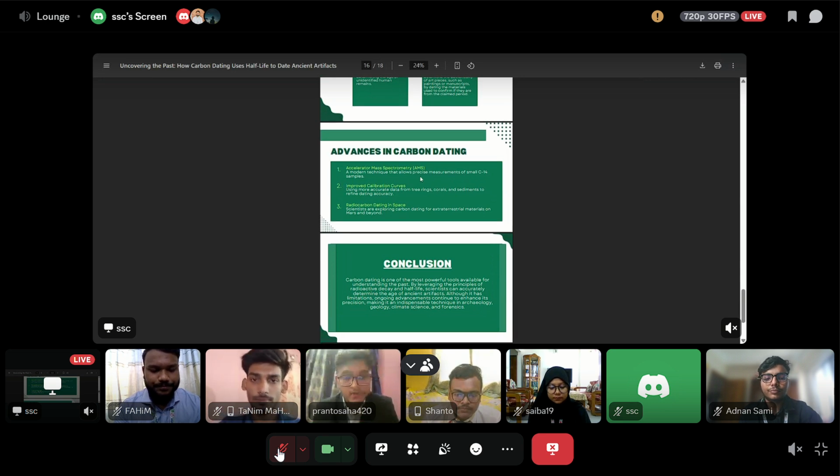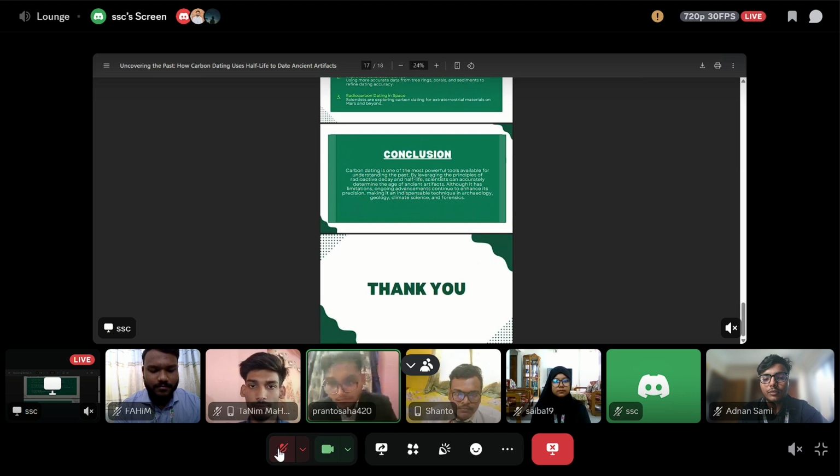In conclusion, carbon dating is one of the most powerful tools available for understanding the past by leveraging the principles of radioactive decay and half-life. Scientists can accurately determine the age of ancient artifacts.